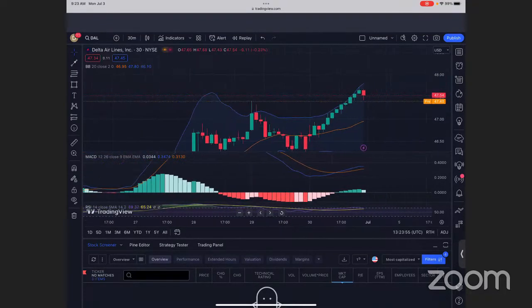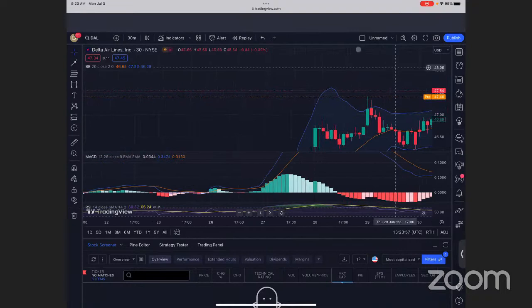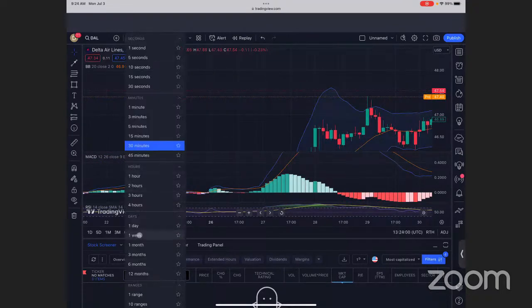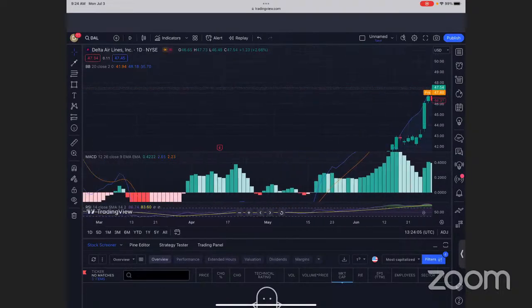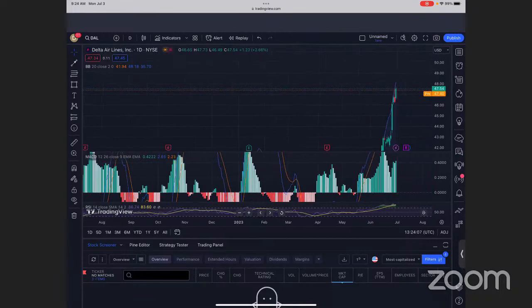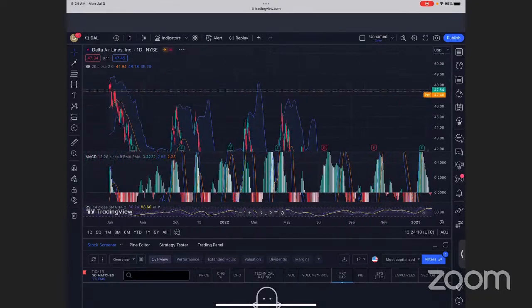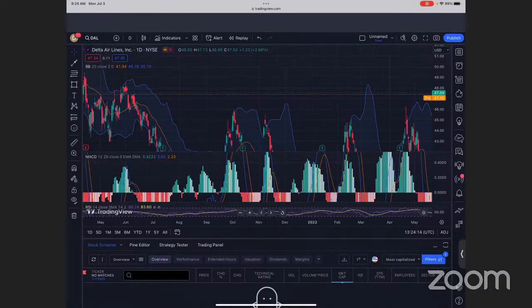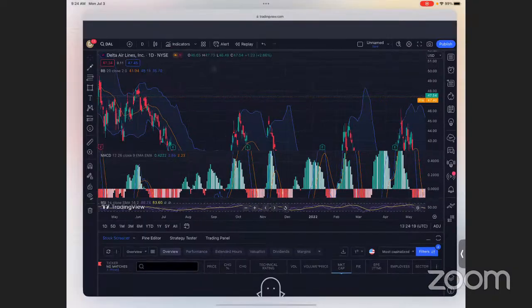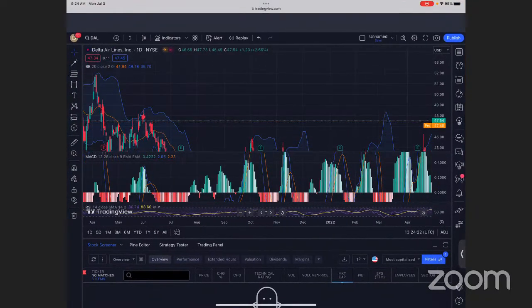Actually that is the next level up, but they're shooting for this one. 52 is the strike.